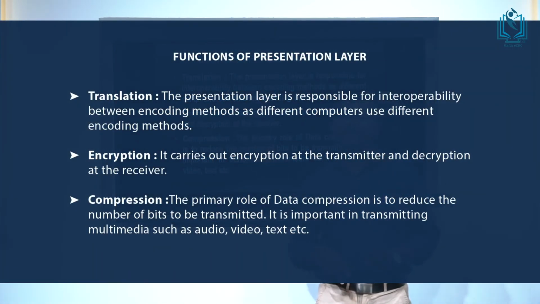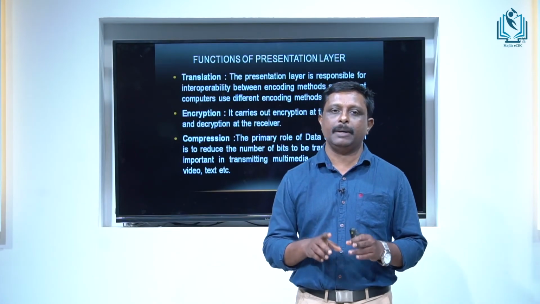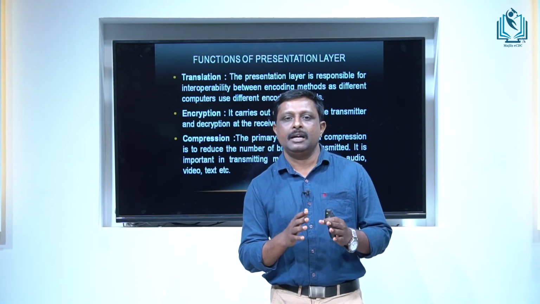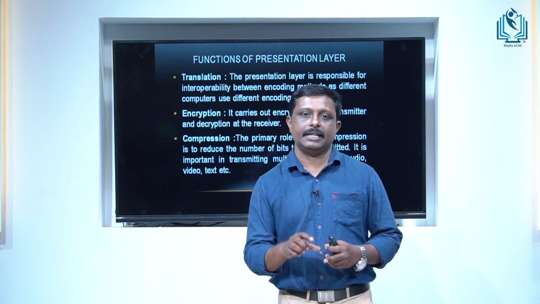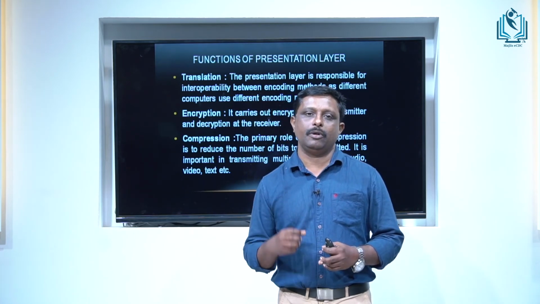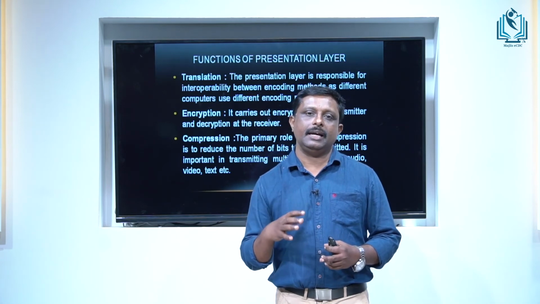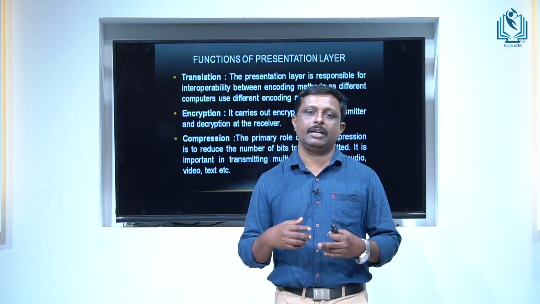Next one is encryption. Encryption means that when important data is passing through a network, it must be converted into another form so that hackers cannot access this data. Converting the text to an unreadable form is called encryption. At the receiving end, the unreadable, encrypted data is converted back into the original data.